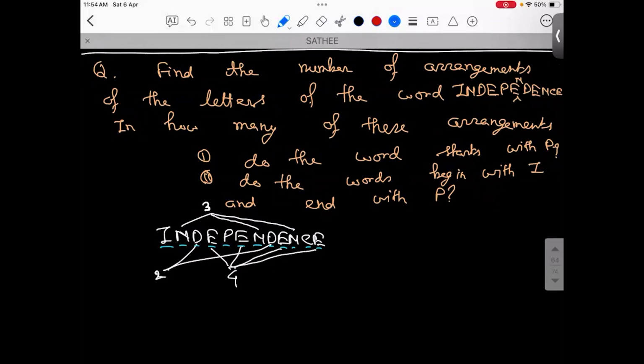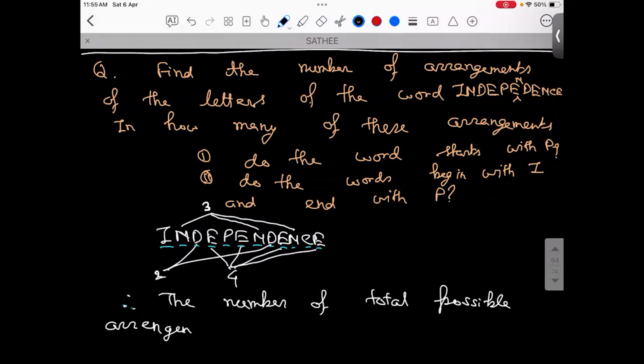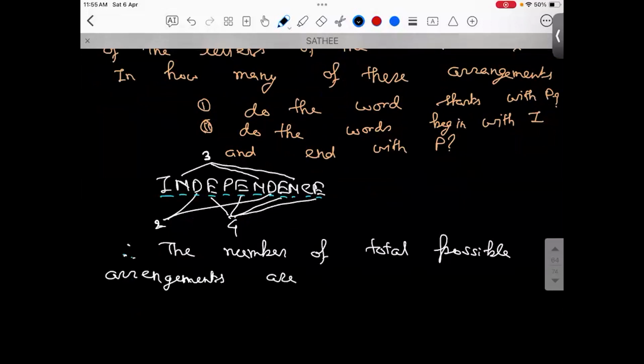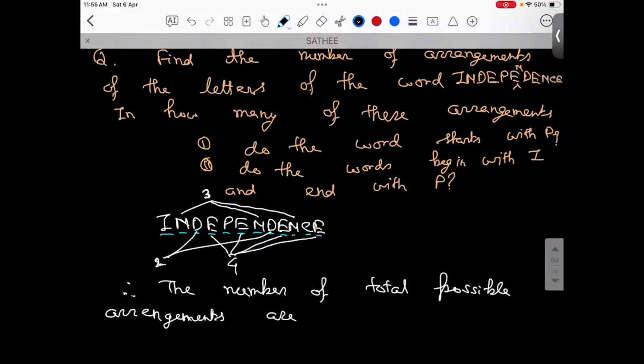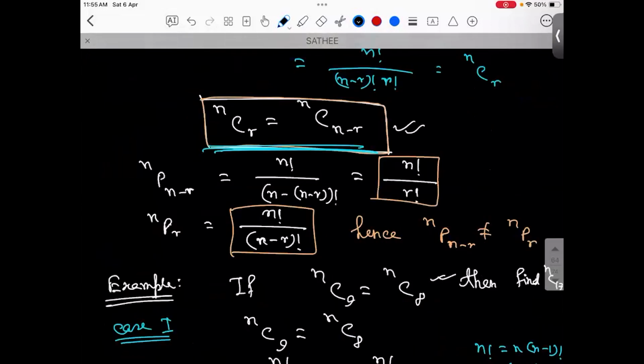Fine. Now, the total number of possible arrangements of 12 letters, I will use the permutation formula where repetition will be considered, where one or two letters can be repeated twice and thrice.